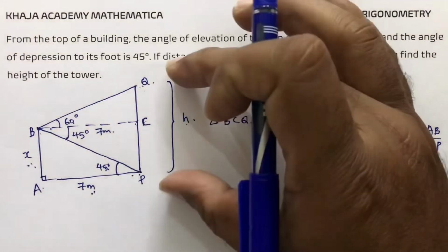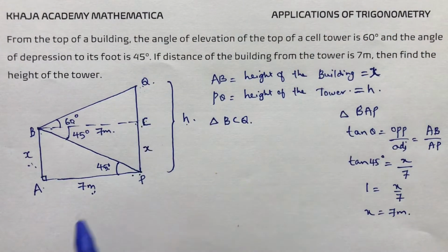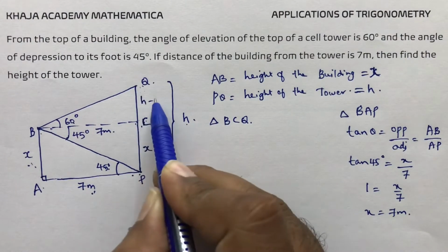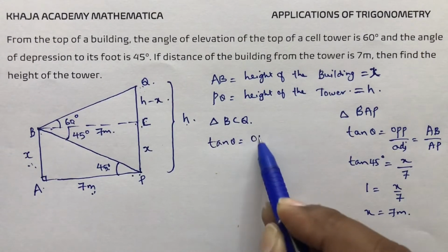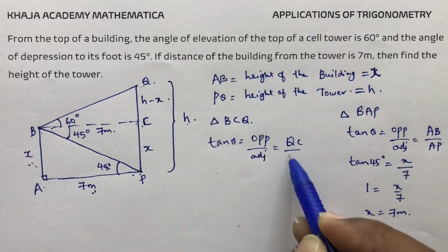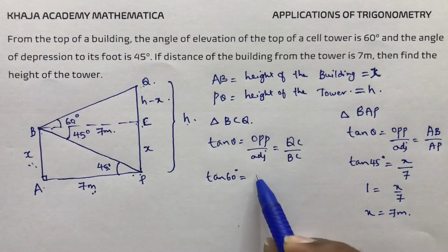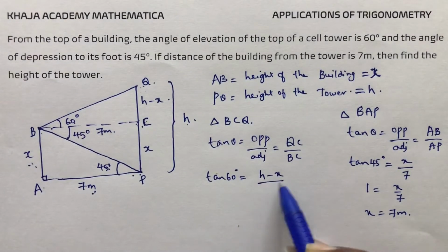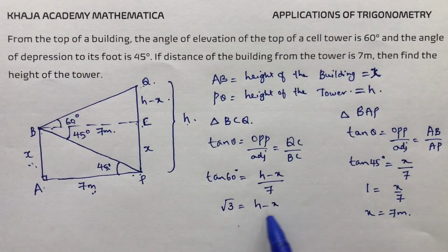The total I took as H, in that CP will be X, so QC will be H minus X. So tan 60 degrees equals opposite by adjacent, H minus X by 7. Tan 60 is root 3 equals H minus X by 7, cross multiply, 7 root 3 equals H minus X.